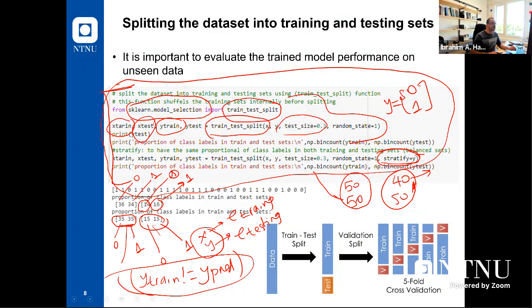Any questions? I can see some comments. Yes, please. Can you go now to your code and try to run it, and just write in the chat your prediction error for training and prediction error for testing.